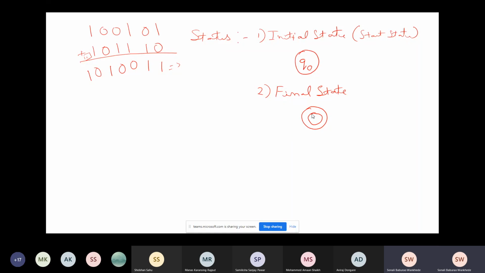The initial state is represented by a circle, and you denote it by q naught, which says that it is an initial state, whereas the final state can be anything. It can be q1, q2, q3, etc. So for example, I'm taking it here as qf, my final state. This is how you represent a particular state.